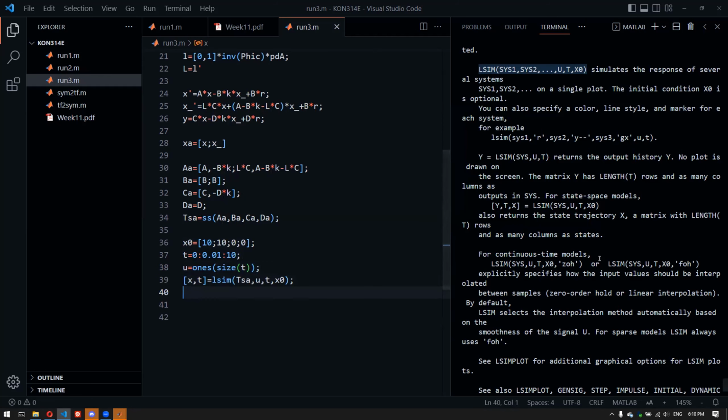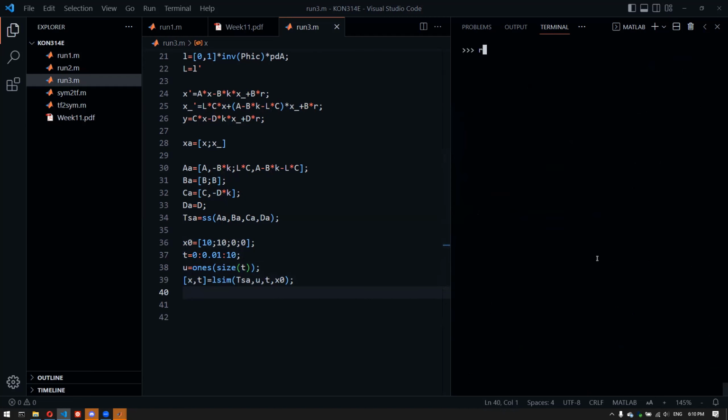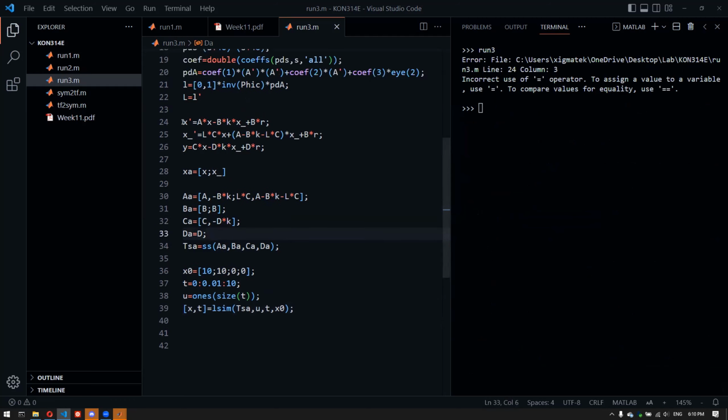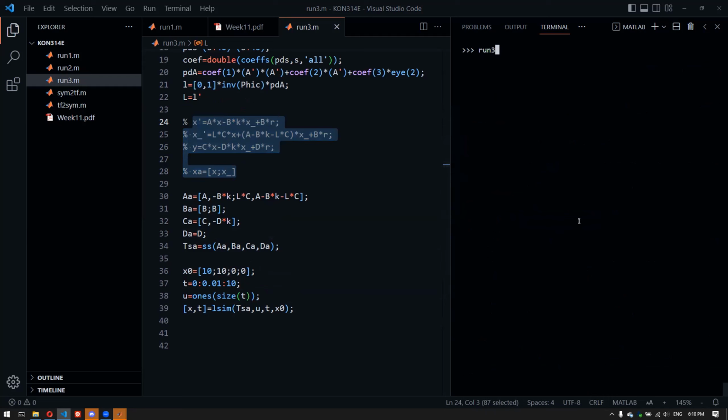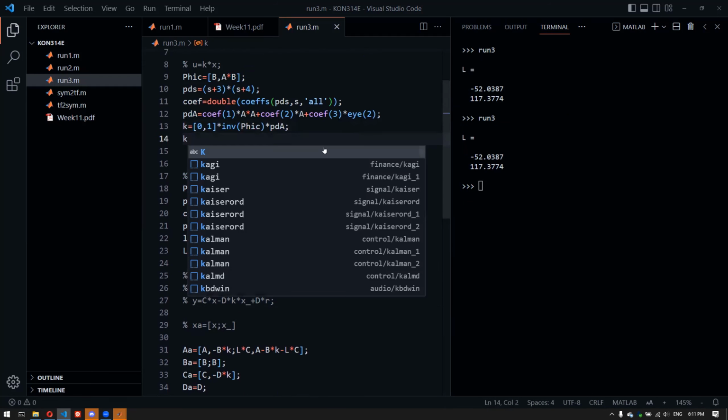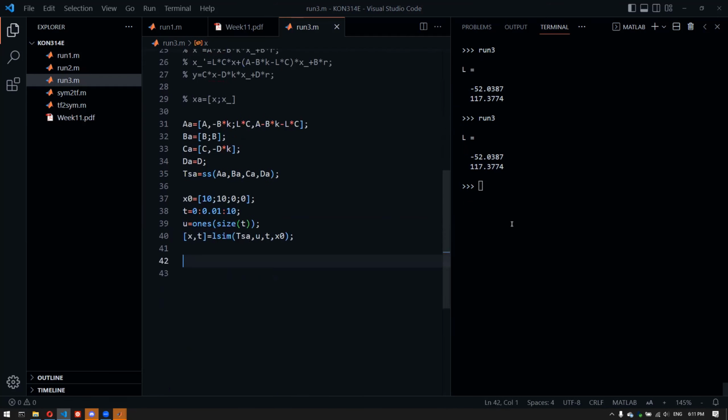And let's see if it's simulating our system, if we mess up stuff or not. Seems like we again did manage to mess up here. Oh, it's because of this whole thing. Let me just comment this out. There we go.